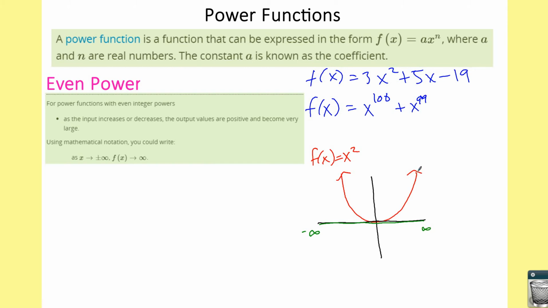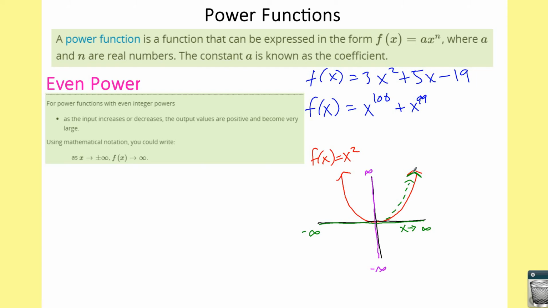So let's talk about this one first. As x is going towards infinity, as we go along this, what is happening to our y? And our y is along this axis, where this is y going towards negative infinity and y towards positive infinity.